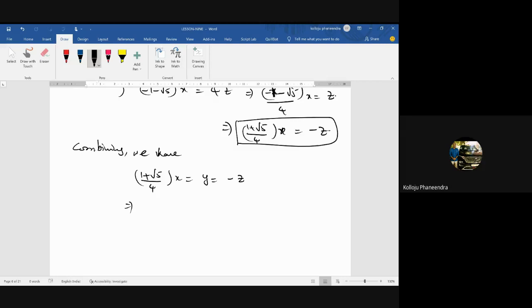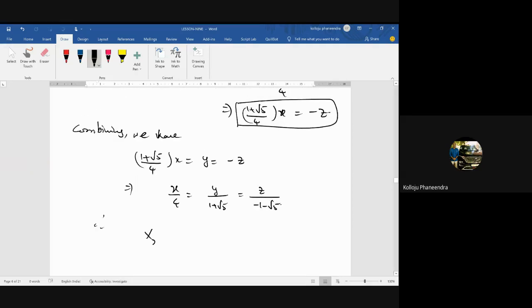Okay. Therefore, what can I write from this? I can write x by 4, y by 1 plus root 5, z by minus 1 minus root 5. Any corrections?